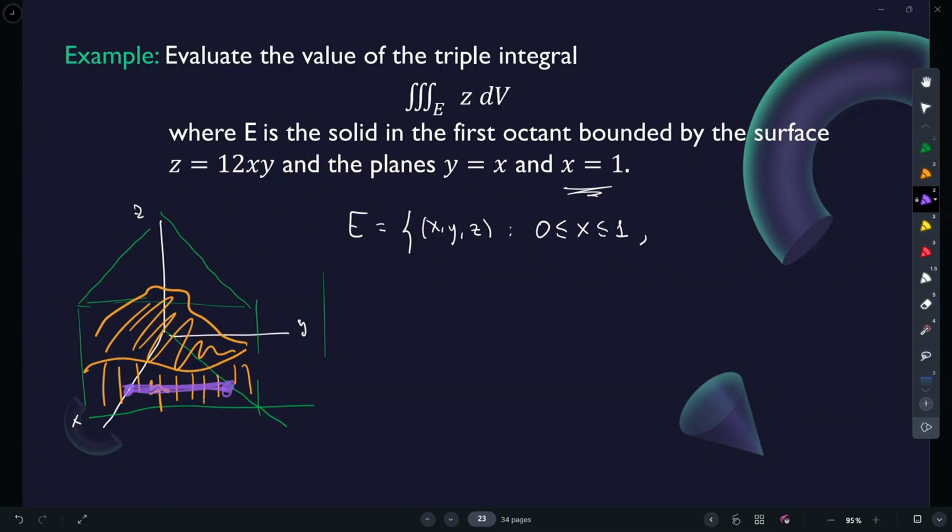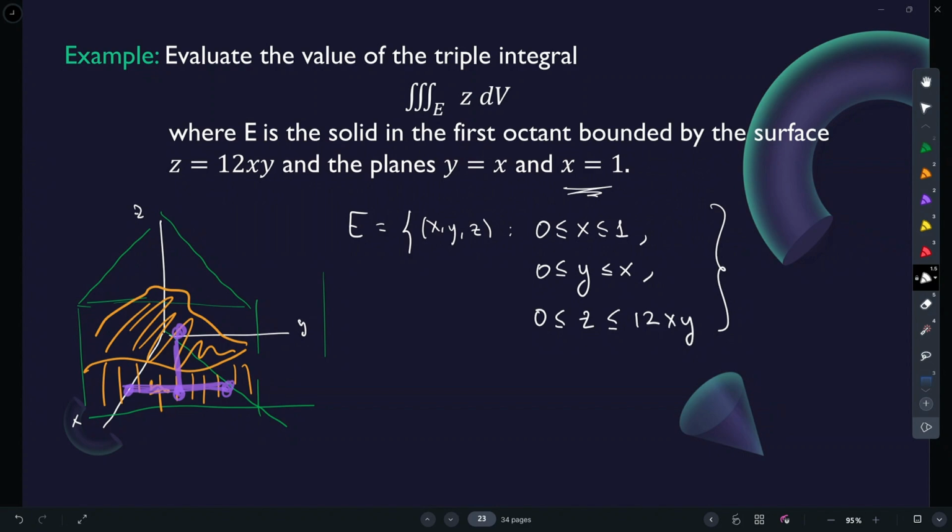So it goes from 0 up to x. And for a given point here, the z values are going between 0 and this graph that I have, z equals 12xy. So the z values are sandwiched between 0 and 12xy.